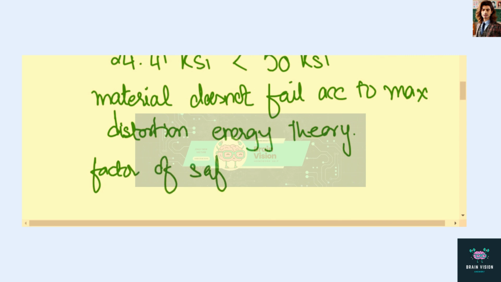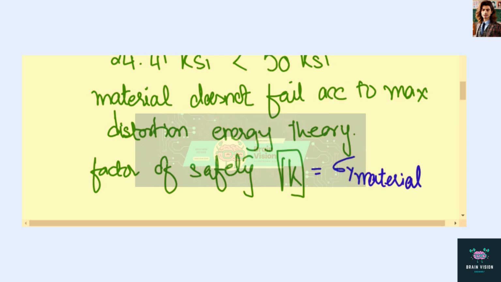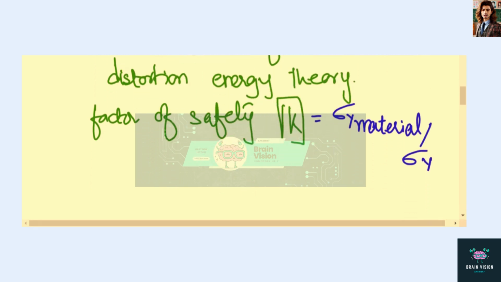So in this case, it would be K, and this K is the ratio of the maximum yield stress the material can endure to the one enduring it. So it is sigma sub y of the material divided by sigma sub y. Just plug in the values.